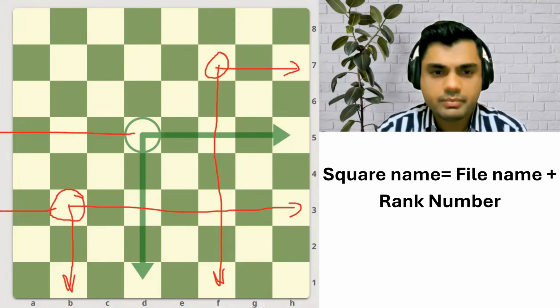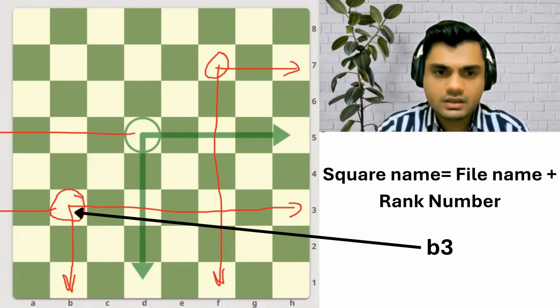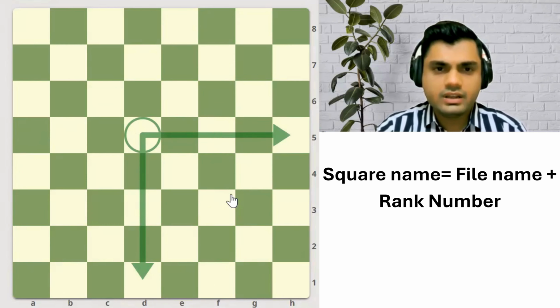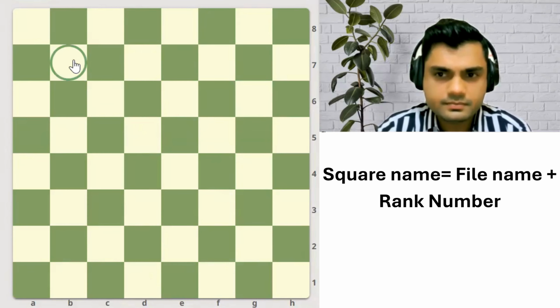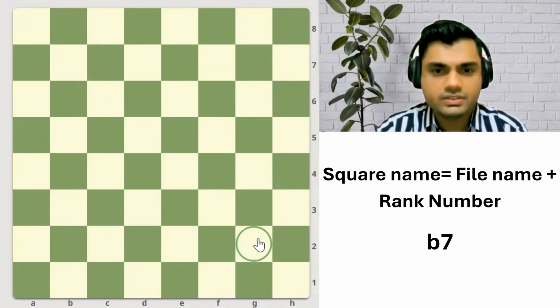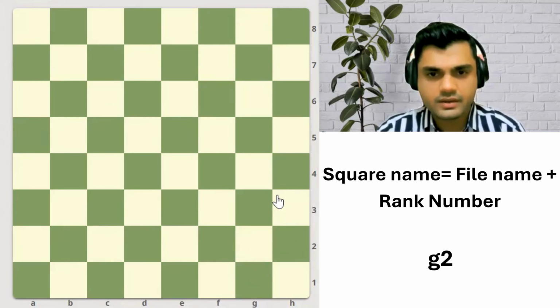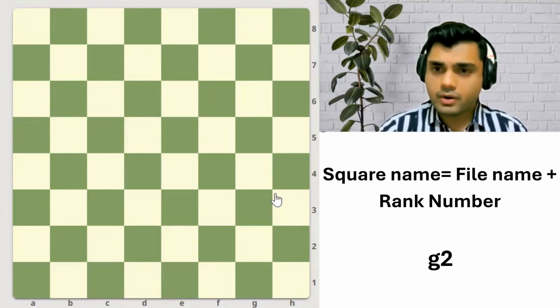So this square will be B3. Clear? Now similarly, can you tell me the name of this square? Yes, B7. Correct. Can you tell me the name of this square? G2. Correct.